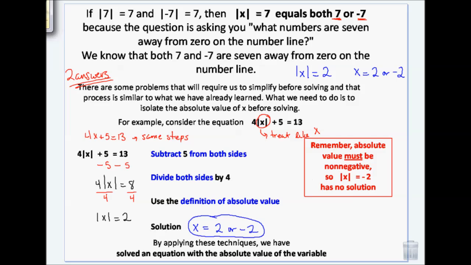So this box over here, very important. If you have a situation where you get absolute value equals negative, like this, there's no solution. So if I set the absolute value of x equals negative 10, no solution, because absolute value can't be negative.